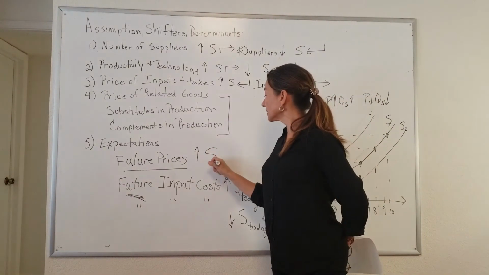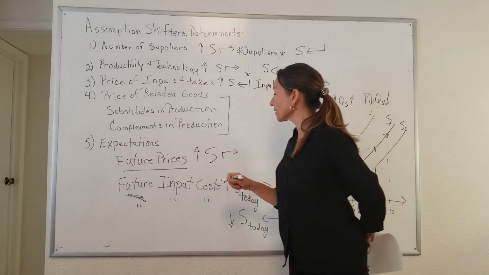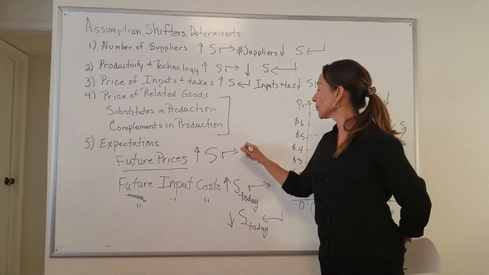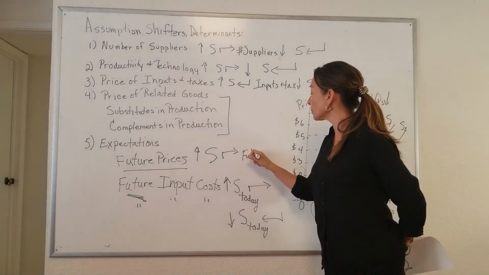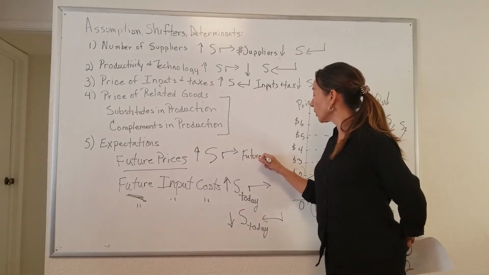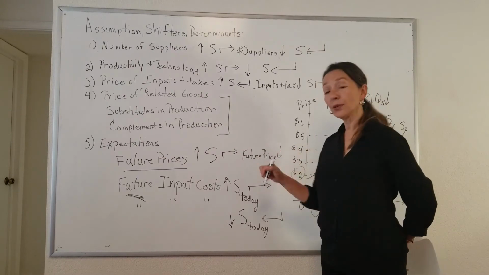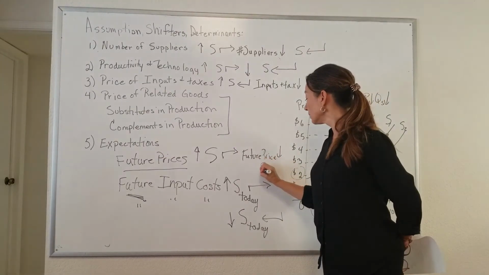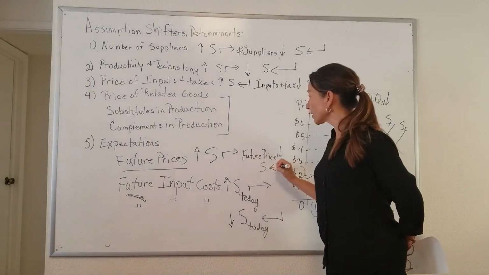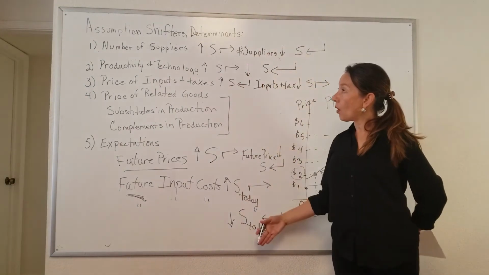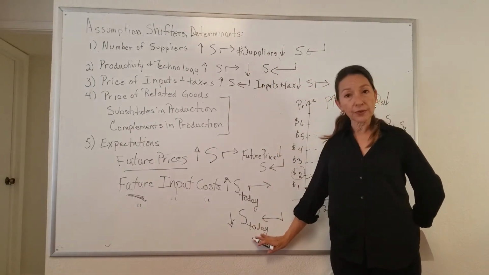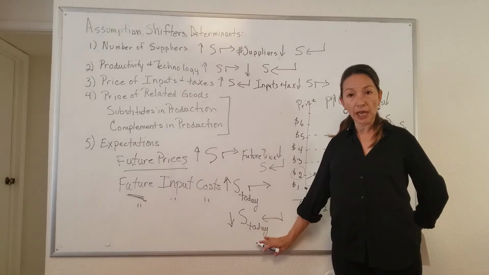So then the supply will shift to the right. If, however, you think future prices are going to go down tomorrow, then your supply today is going to shift to the left. Okay, so these are all the assumptions and shifters that will impact the supply curve.